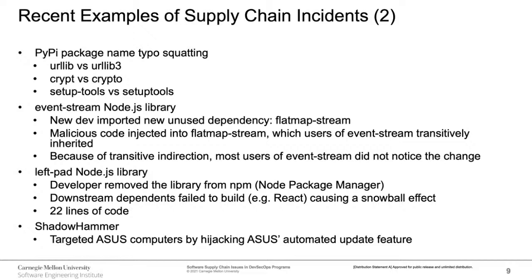Two incidents that happened in Node systems. One was an NPM issue, and one just happened to be a Node system. Event-stream was a Node library. What happened was a new developer, again, this is open source software, a new developer comes in, puts an unused dependency in for another library that didn't end up getting used.